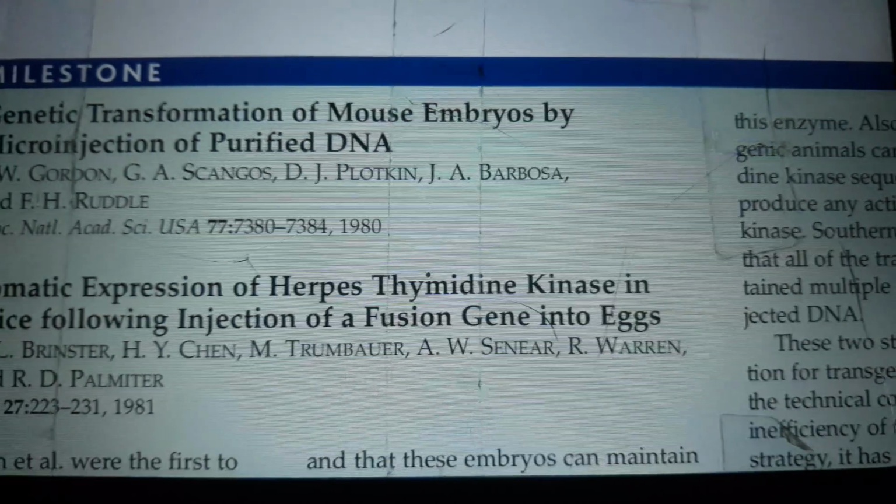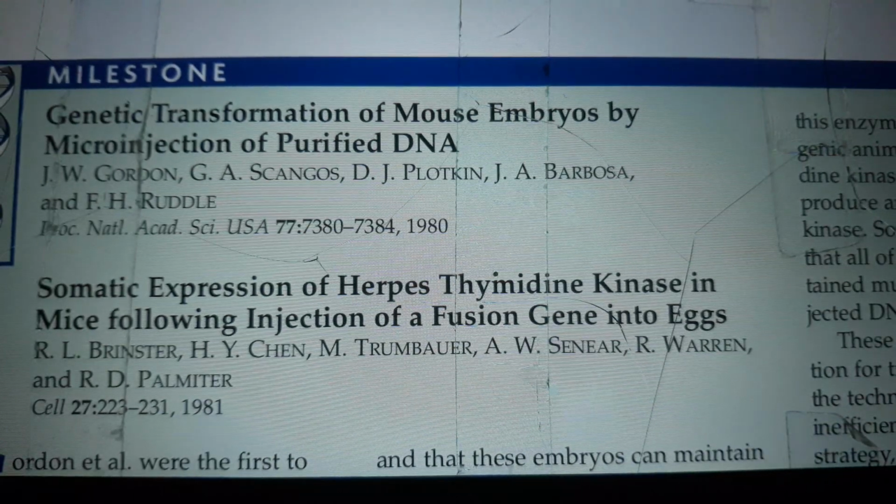Genetic transformation of mouse embryos by microinjection of purified DNA, courtesy J. W. Gordon, G. A. Scangos, D. J. Plotkin, J. A. Barbosa, and F. H. Ruddle. Thank you to all of them. This is a publication that appeared in 1980 in the Proceedings of the National Academy of Sciences.